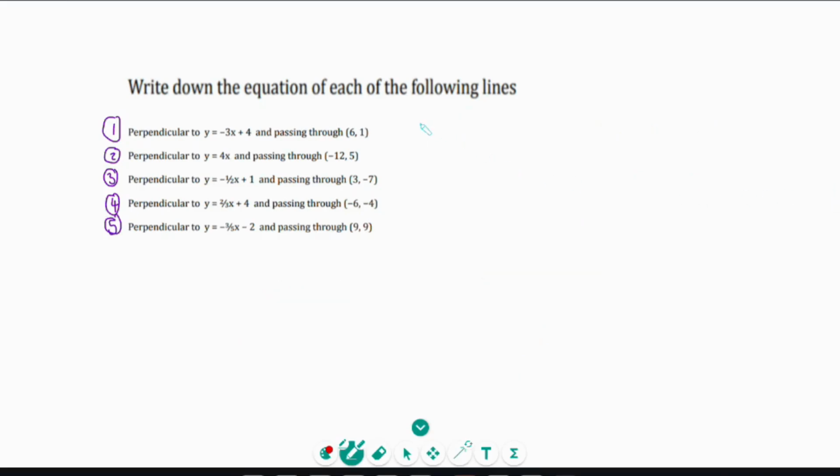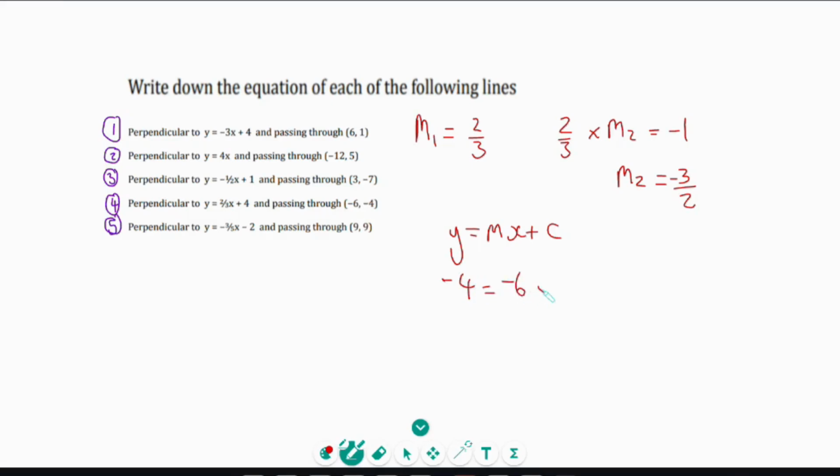Question 4. Divide both sides by 2/3. Take 9 off both sides.